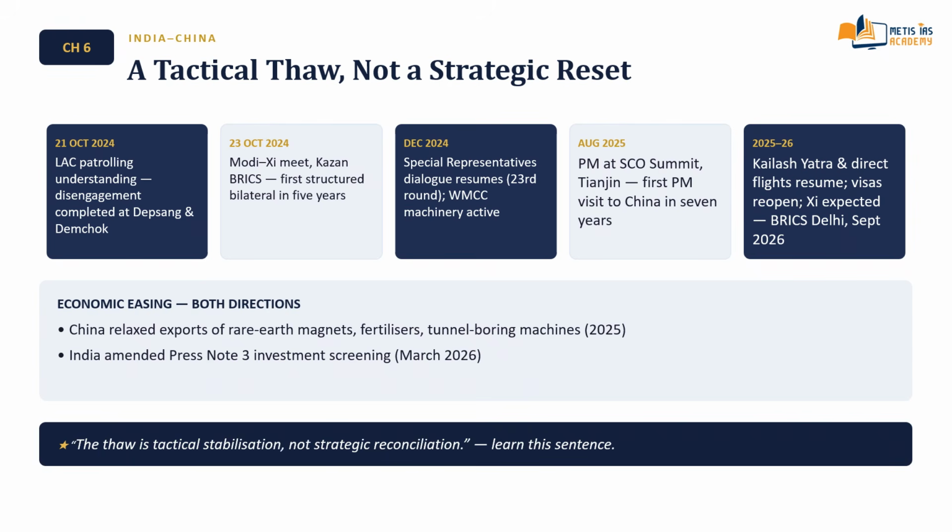Coming to the second point, the operation was described by the government as focused, measured, and non-escalatory. The initial strikes targeted terrorist infrastructure, not Pakistani military installations. Escalations began only when Pakistan retaliated against Indian military and civilian targets, after which India struck Pakistani air defenses and air bases, and then accepted a cessation of hostilities on 10th May 2025.